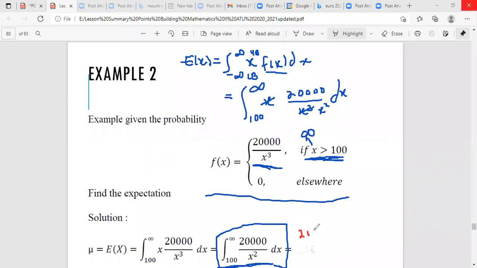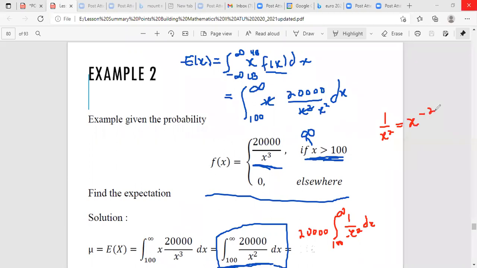So this will be 20,000 times the integral of 1 over x squared dx, from 100 to infinity. Now 1 over x squared is the same as x raised to the power -2.